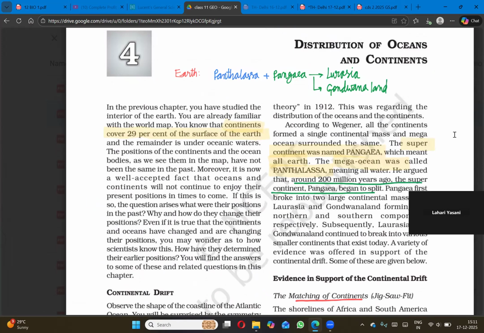According to Wegener, all the continents formed a single continental mass and a mega ocean surrounded the same. The single continent mass is called Pangaea, which meant all the earth, and the mega ocean was called Panthalassa, meaning all water. So the Pangaea was surrounded by the water called Panthalassa, which is a mega ocean.